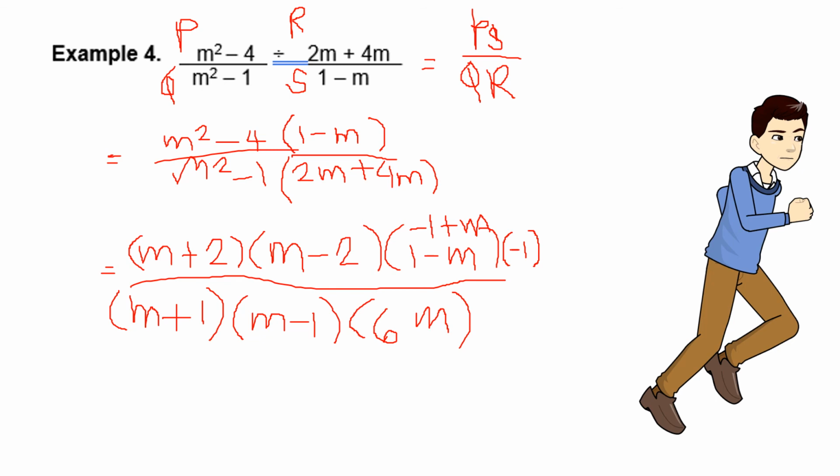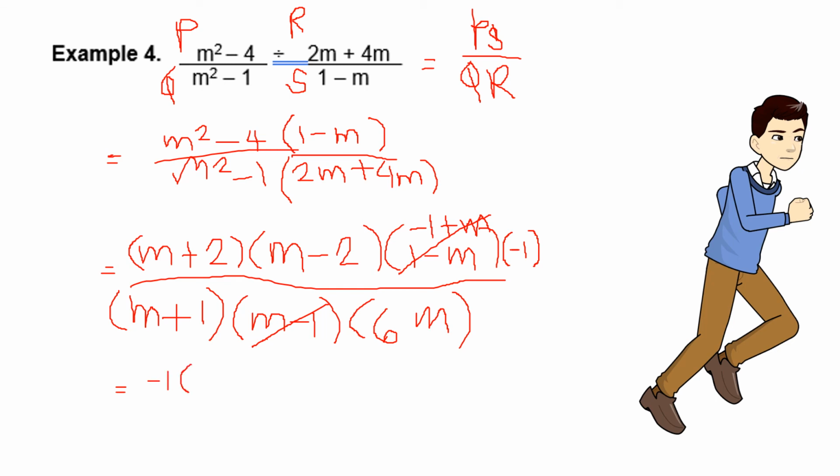Ito yung product na 1 minus m. So, may matitira tayong negative 1 dito. Makakancel natin yung m minus 1. Same na siya sa m minus 1. Yun. So, ang natira sa atin ay negative 1. So, unahan ko yung sulat.